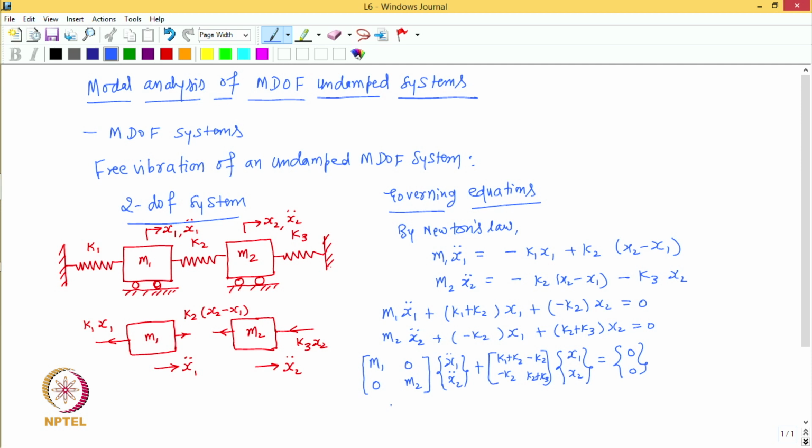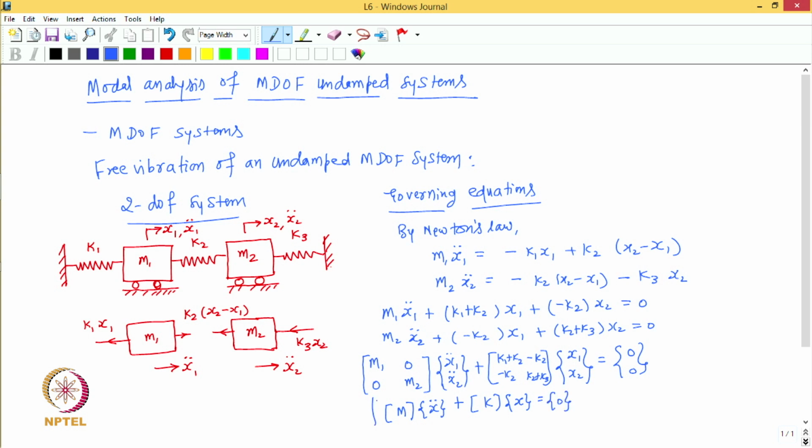And then we can symbolically write this equation as matrix M, vector x double dot, plus matrix K and vector of displacement x, like this.